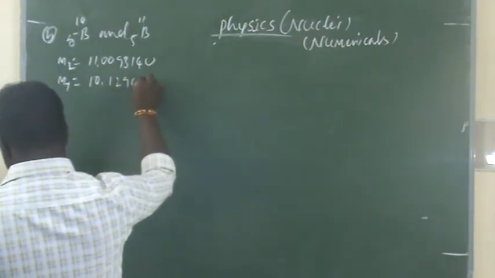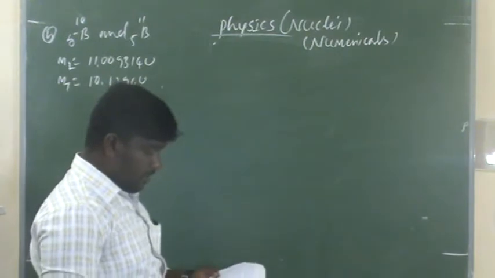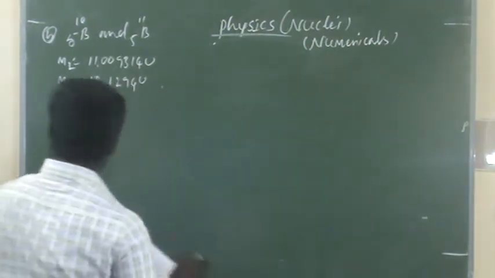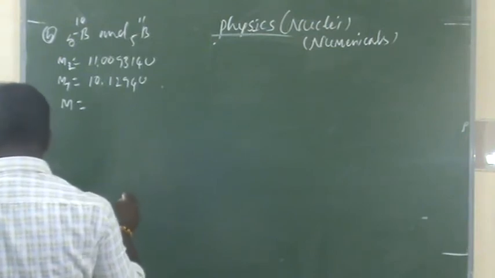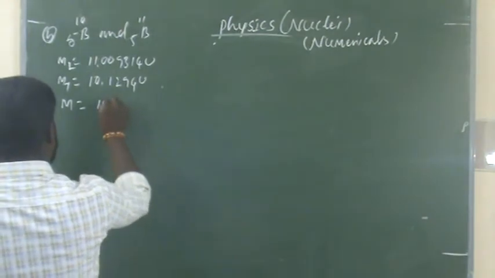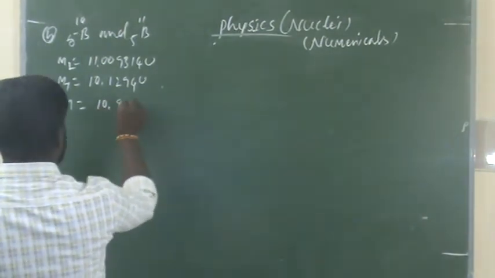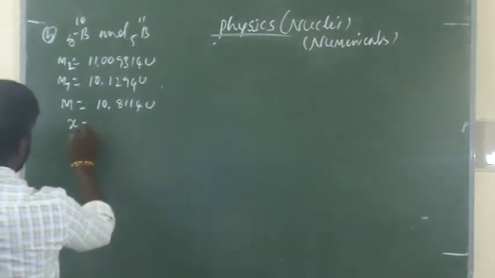And m2 is 11.009314 unit. Also here the atomic mass of boron is given, capital M, that is 10.8114 units. Now we have to calculate the abundance.